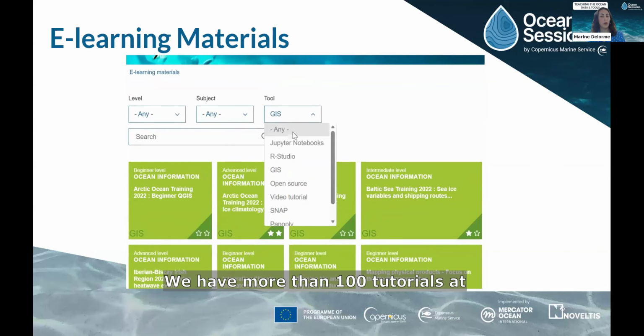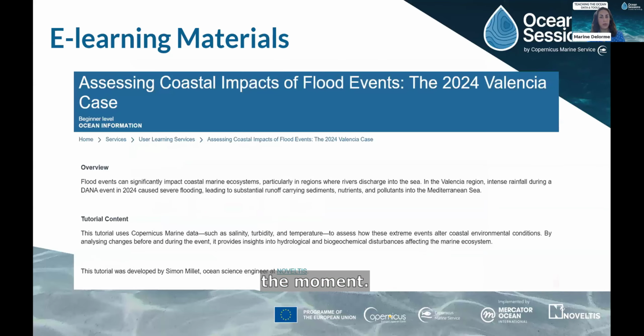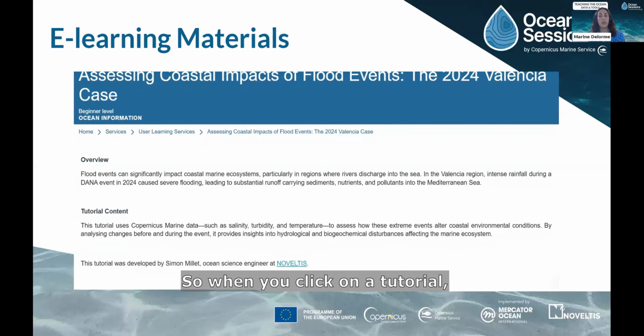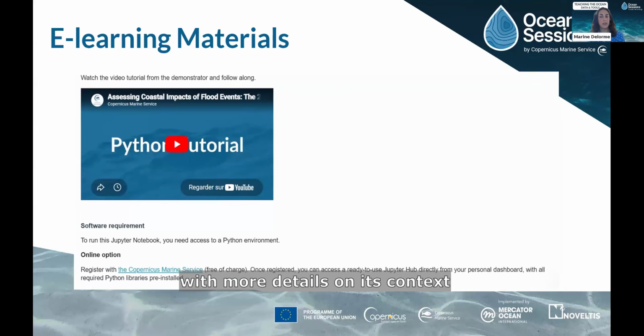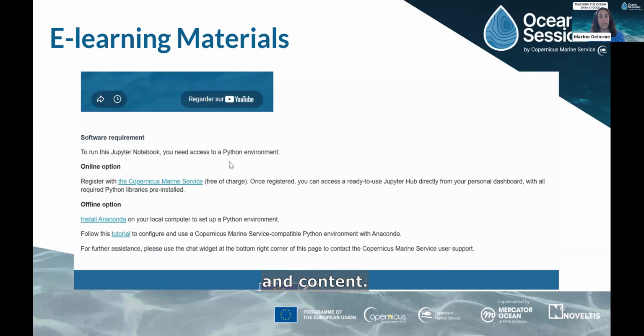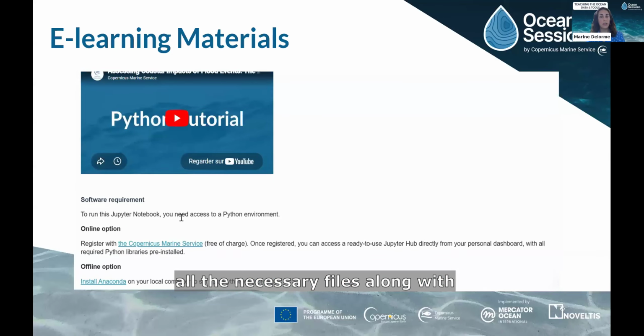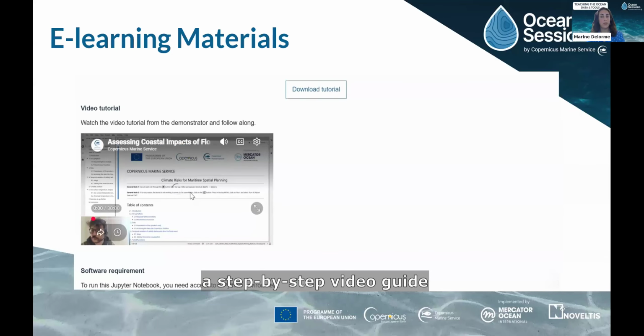We have more than 100 tutorials at the moment. When you click on a tutorial, you're taken to a dedicated page with more details on its context and content. You will find links to download all the necessary files, along with a step-by-step video guide.